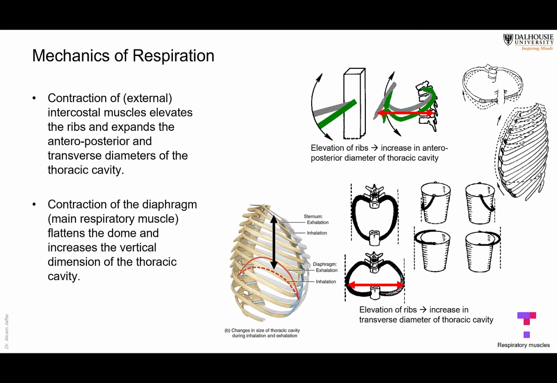And this will compress the veins that are present in the abdominal cavity. And already there is a negative pressure in the thorax, and then the venous blood will pass from the abdomen into the thorax. The blood in the veins cannot return down because of the presence of valves. So all these mechanisms work together.